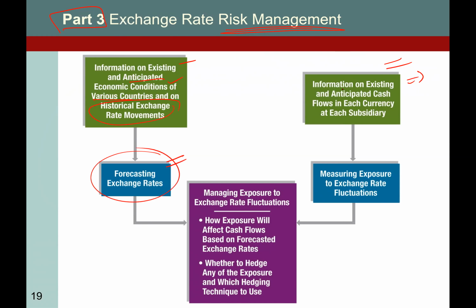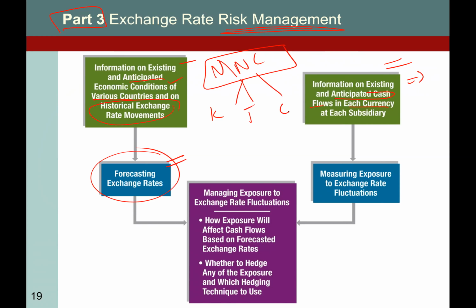So you gather the information and the anticipated cash flows in each currency at each subsidiary, because you are running an MNC, a multinational corporation, which is doing business in Korea, in Japan, and in China.